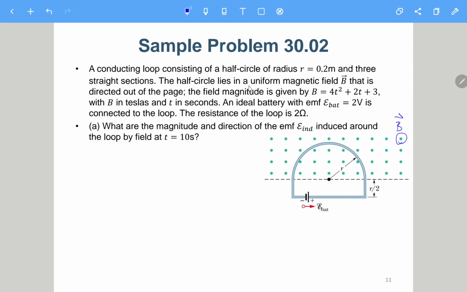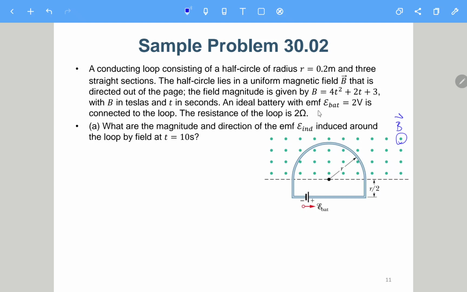Okay, the field magnitude is given by B equals 4t squared plus 2t plus 3. Okay, so this B field is time varying. So it will change at different times, with B in Tesla and t in seconds.